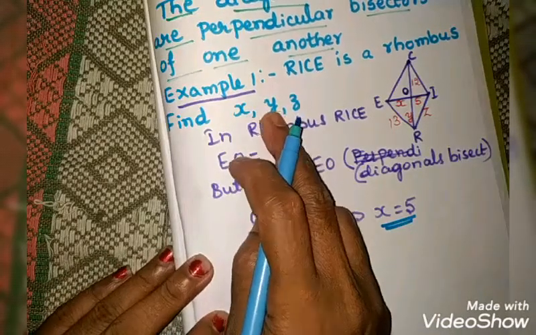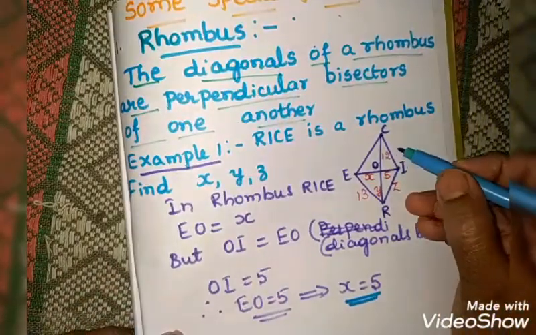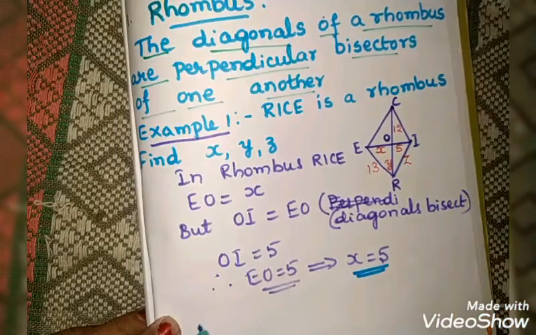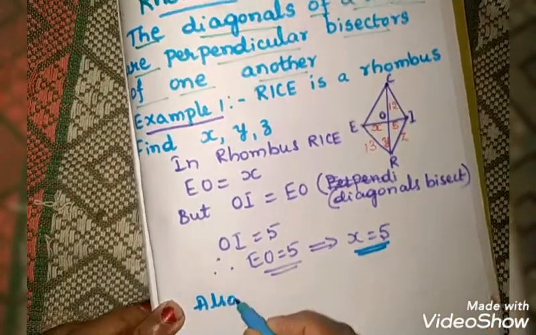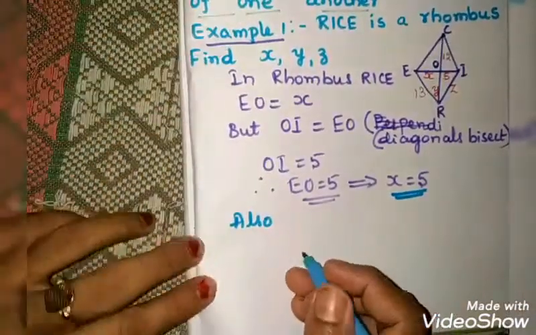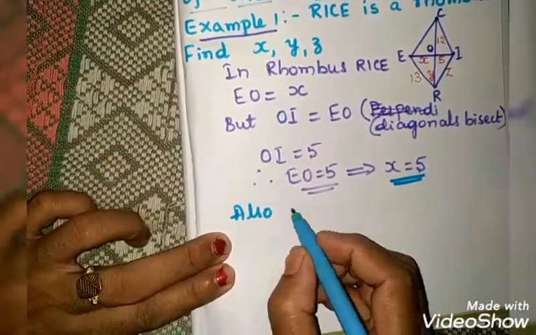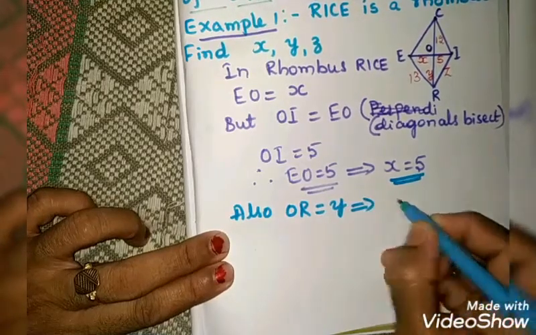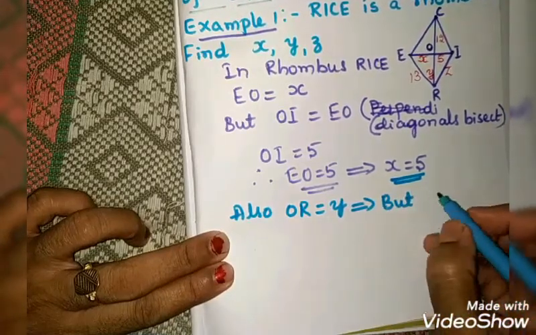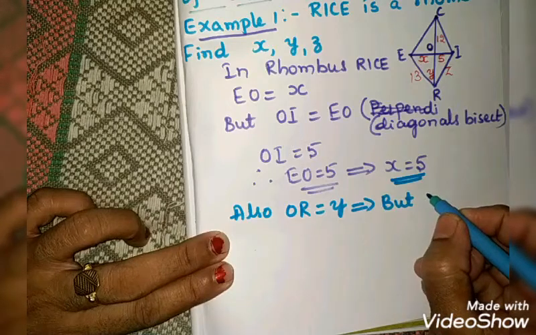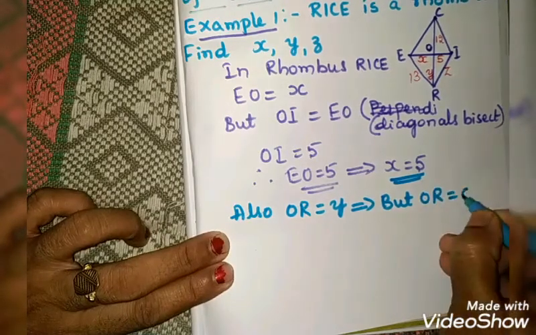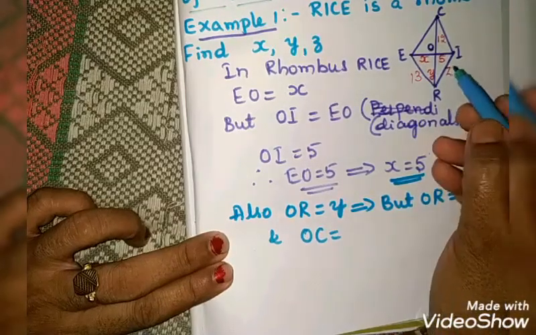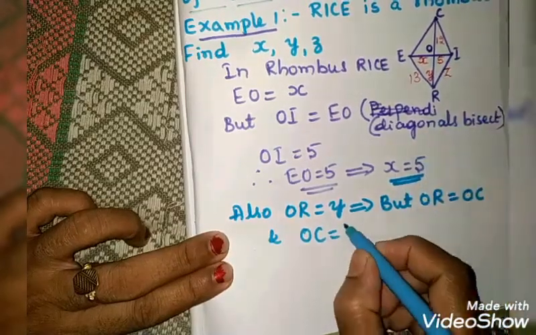Next, Y we have to go for. Here observe, children. Here same again. OR is equal to OC. Again diagonals bisect, children. Also in the diagram, OR is equal to Y. But OR is equal to OC. And OC is equal to how much, children? OC they gave here, it is 12.